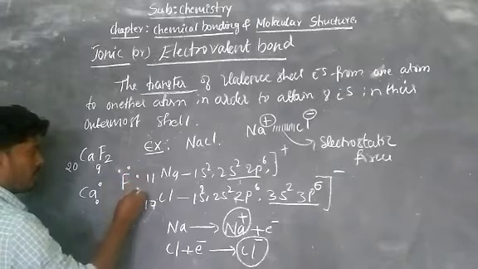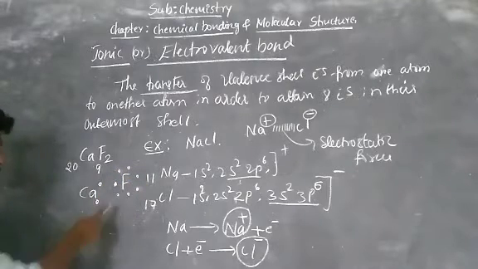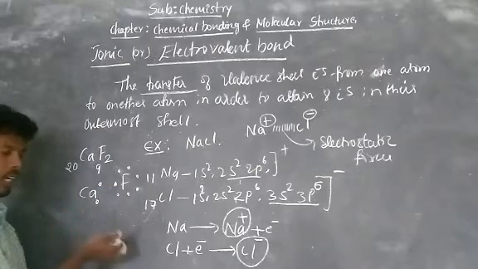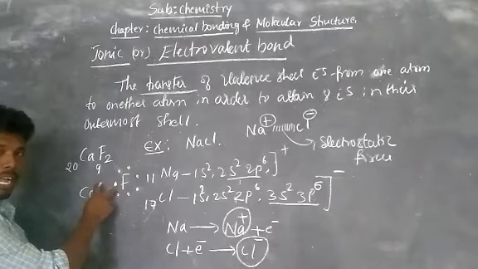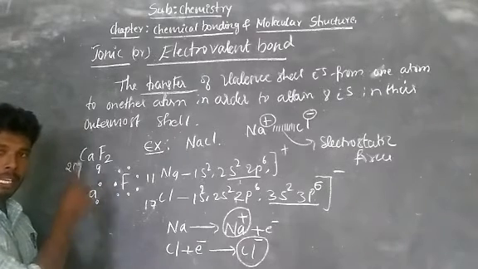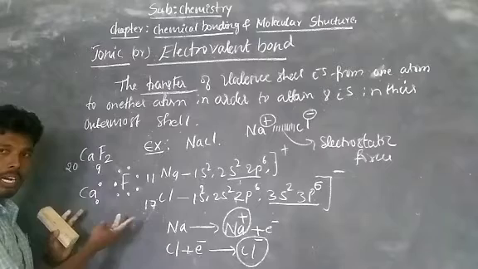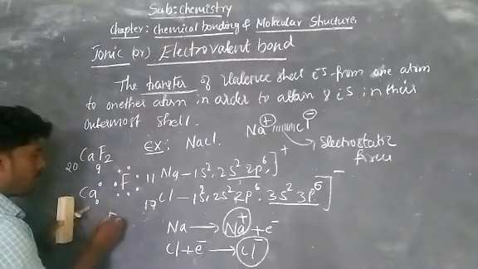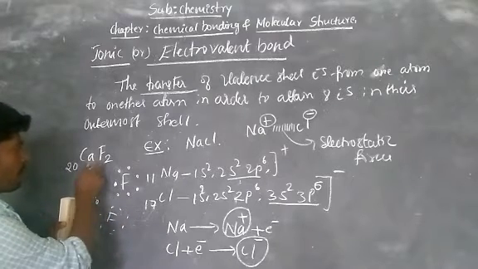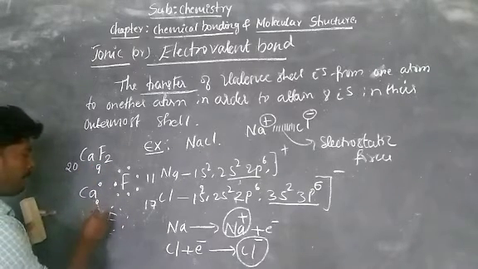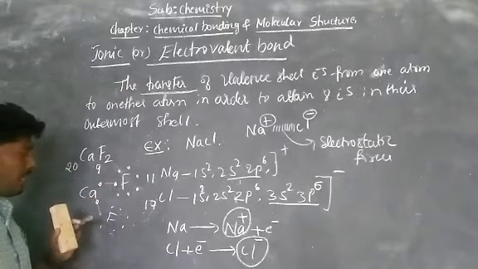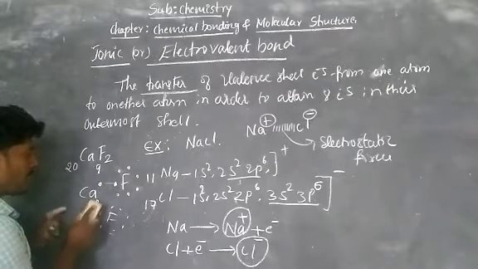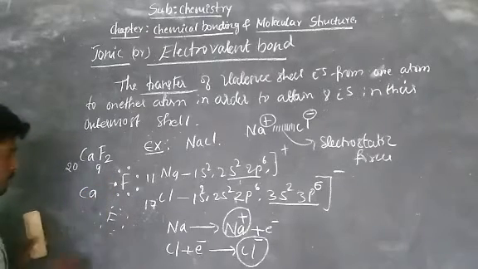Fluorine needs only 1 electron to make a bond, and calcium has 2 electrons in the outermost shell, so it can make a bond with 2 atoms. So these two electrons are shared with two fluorine atoms. In calcium difluoride, an electrostatic bond is formed between these. Calcium loses both of its outermost valence shell electrons.